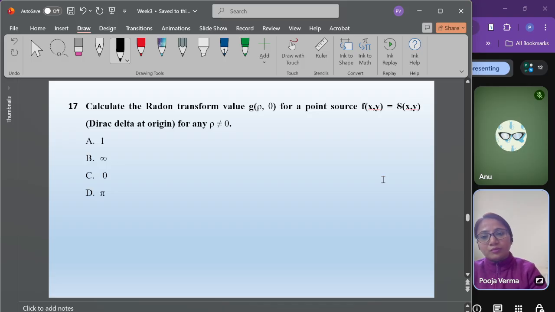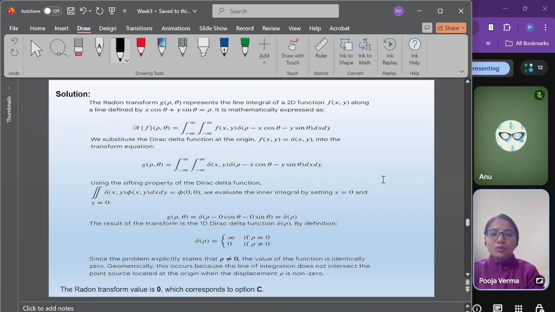Let's see the solution, which I have already included. In the Radon transform, we have already seen that g of rho theta represents the line integral of the 2D function f(x,y) along the line defined by x cos theta plus y sin theta equal to rho.